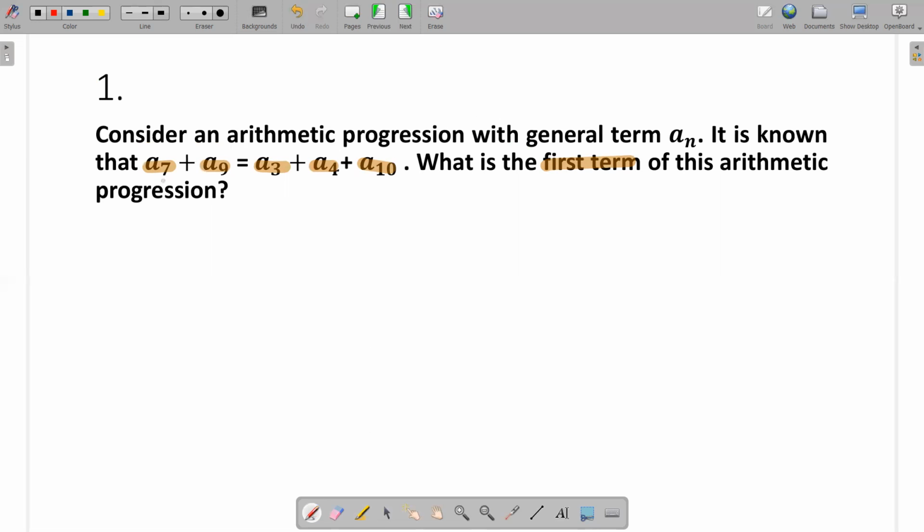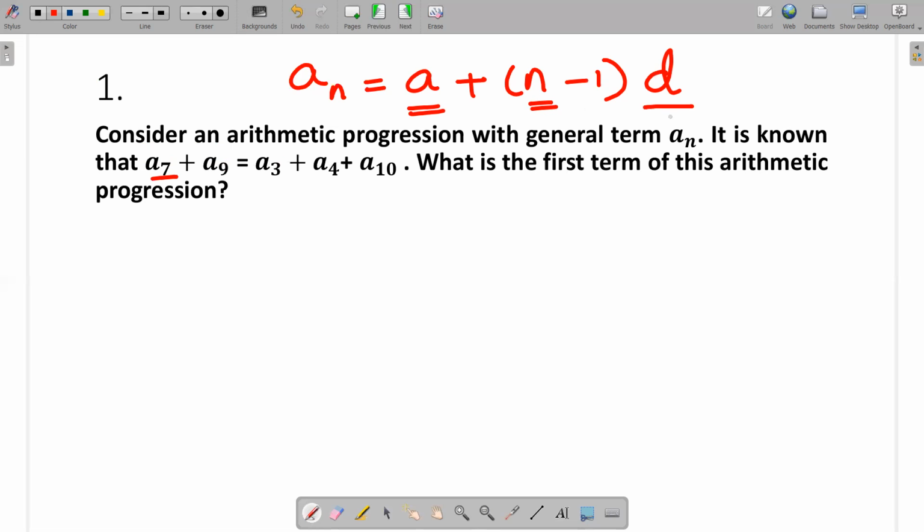Now, what is the 7th term of the arithmetic progression? That is A7. We know that the nth term of an arithmetic progression is given by the expression A plus n minus 1 into D, where A corresponds to the first term, n corresponds to the number of the term that is indicated, and D corresponds to the common difference.